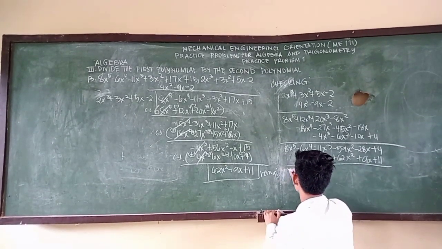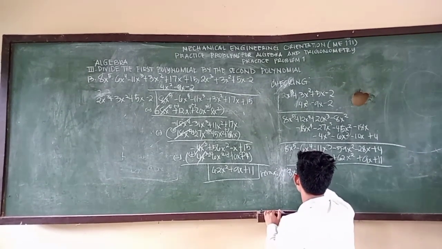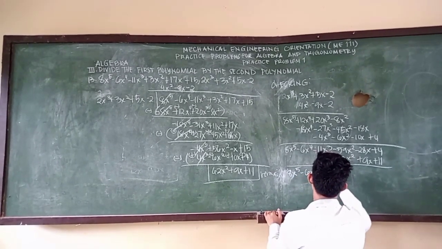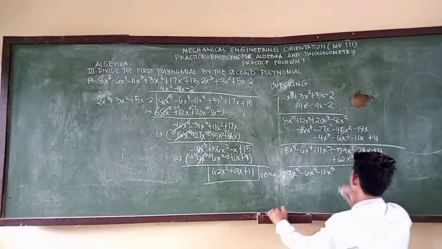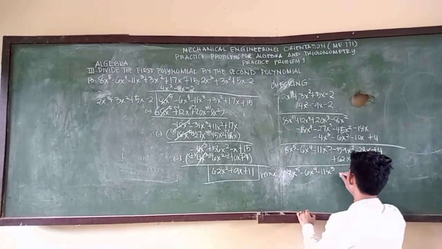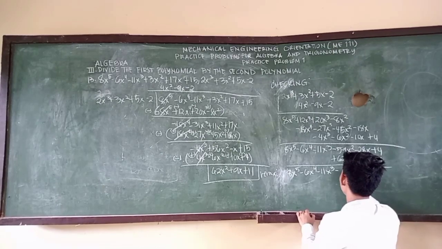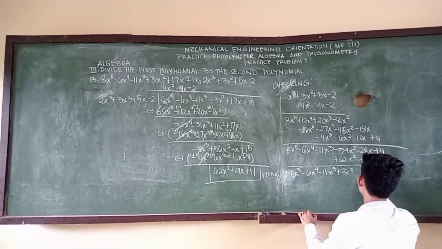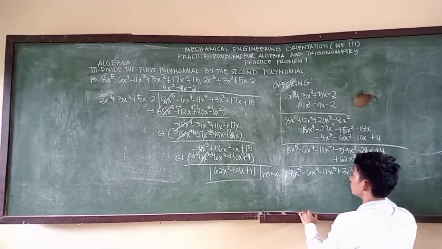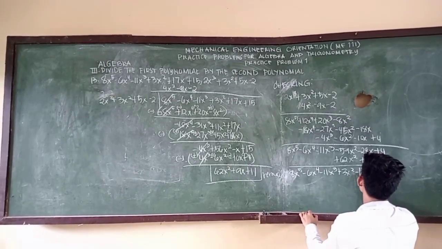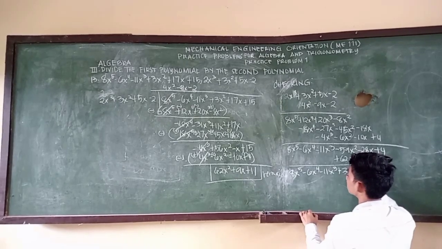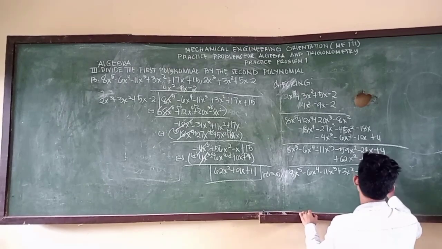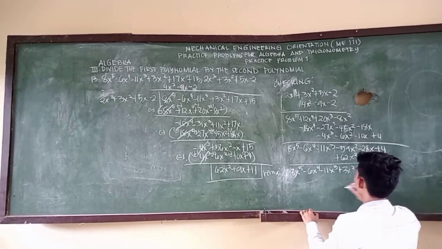So for our final answer, we have 8x to the 5th minus 6x to the 4th minus 11x cubed. 62x squared minus 59x squared will give us positive 3x squared. 28x plus 9x is negative 17x plus 15.